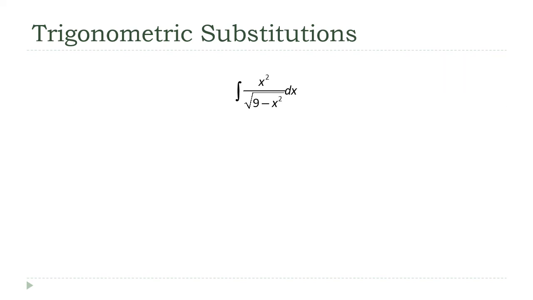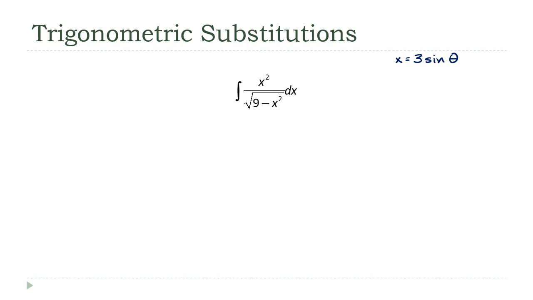So I've got one more for us to look at here. And with that 9 minus x squared in the bottom, I'm going to let x equal 3 sine theta. Right? And if I do that, what happens?